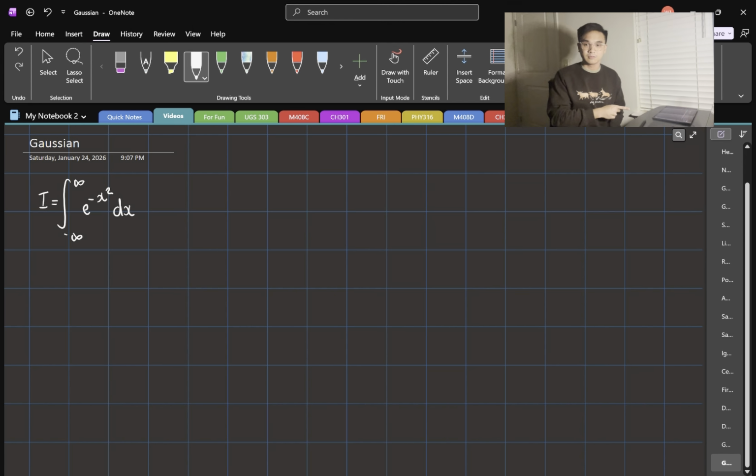If you take one long, good, hard look at that, you'll quickly realize that there is no elementary antiderivative for this thing. Elementary meaning like sine, cosine, some exponential function, some log function, some polynomial. For those who are advanced enough to know what the error function is, it's not an elementary antiderivative.